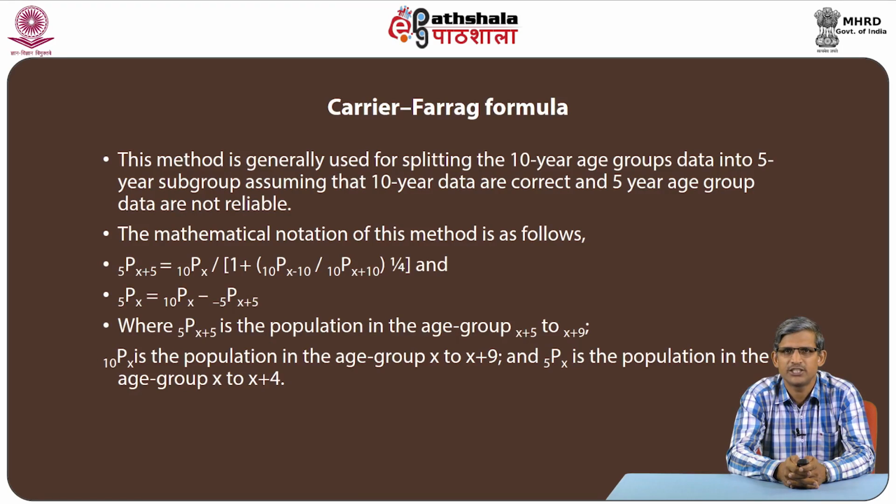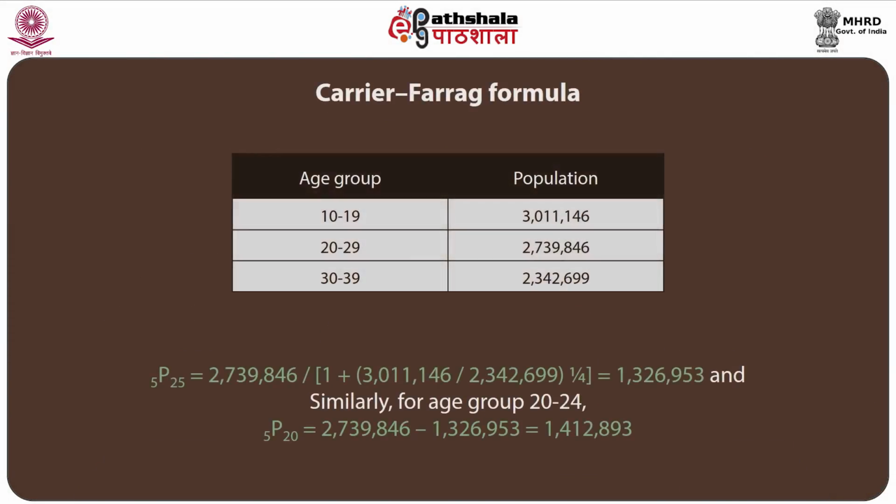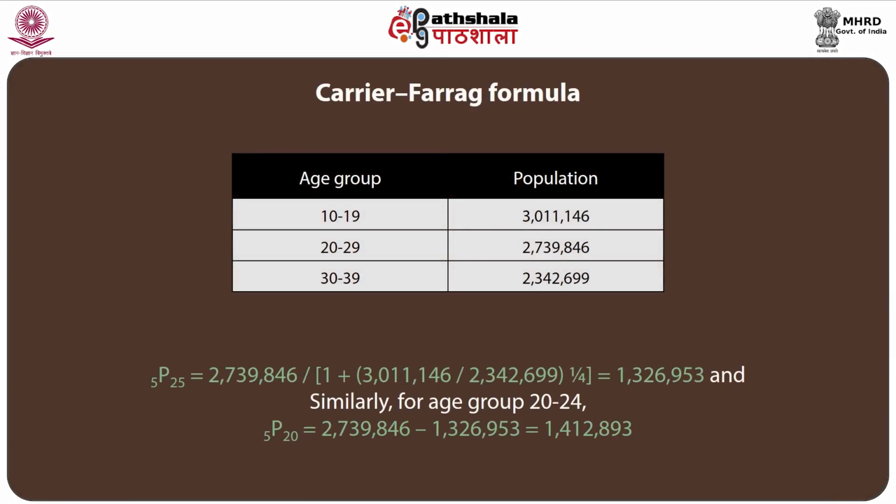Examples are also given. Applying this formula, for example, for the population in the 25 to 29 age group, the corrected population is based on the 20 to 29, 10 to 19 and 30 to 39 populations which are available in the 10-year age groups.